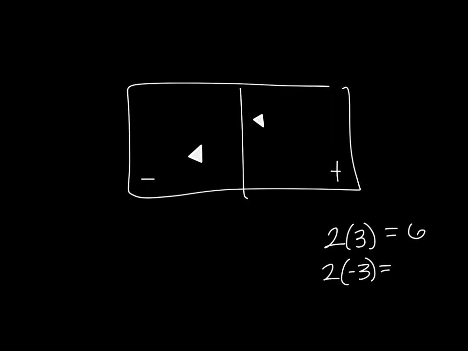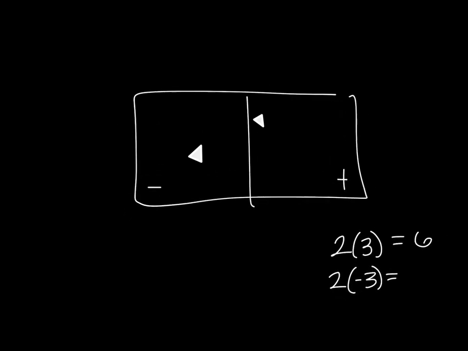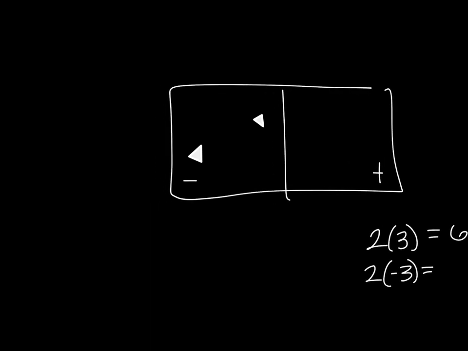And there. Okay, so we have 2 groups of negative 3. And so that is technically, if I count up all the sides, they're all on the negative side, negative 6. What if I had this, though, a negative 2 groups of 3?